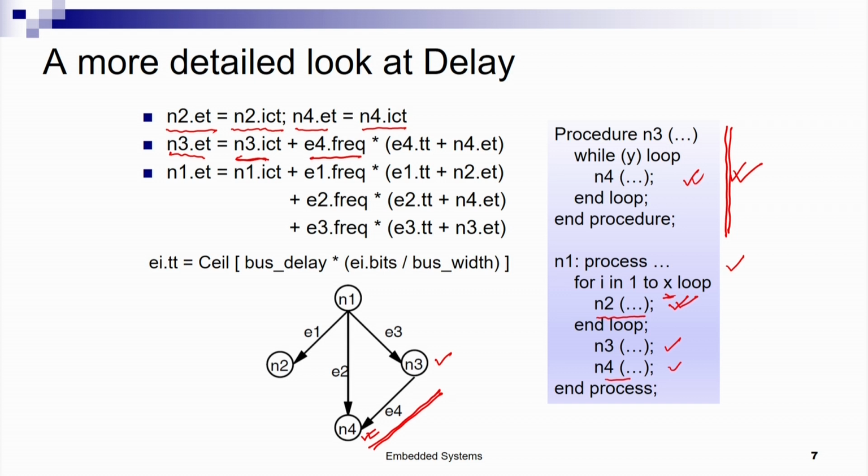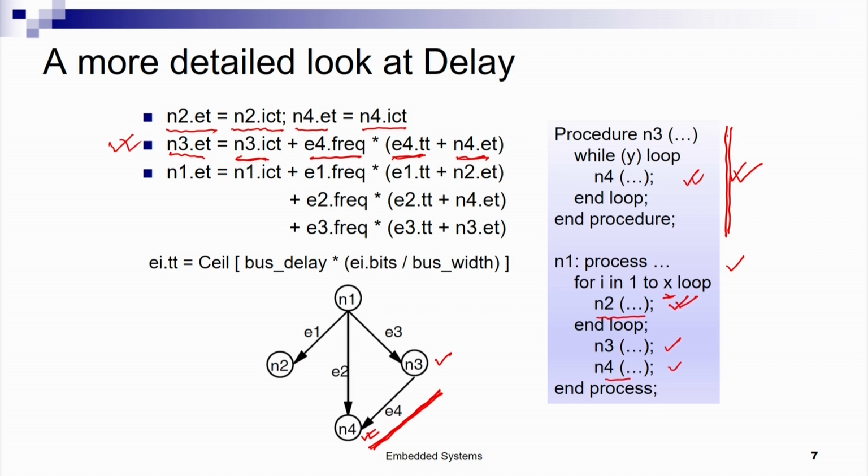And let us say the transmission time for one such data transfer from N3 to N4 is E4.Tt, and the execution time of N4, which we already obtained, is N4.Et, which equals N4.ICT. Why is this the overall execution time of N3?